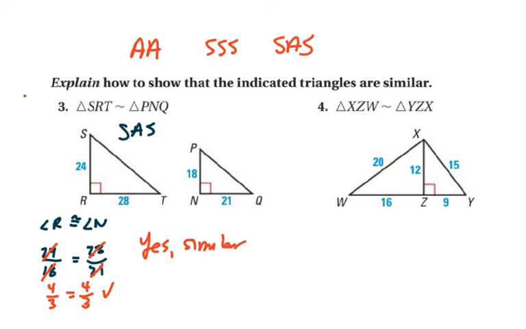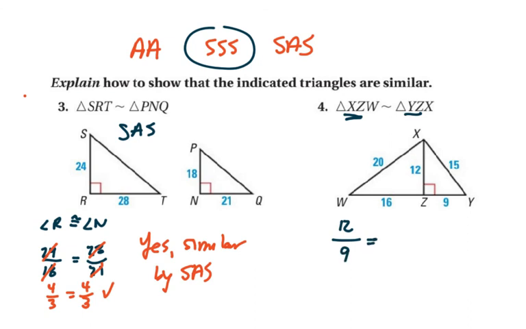Similar by SAS. On this one, I don't have 2 angles on each one, but I do have all 3 sides on both of them. So we're going to match up the sides. XZ is 12, which matches YZ, which is 9. ZW is next, which matches ZX. ZW is 16, ZX is 12.